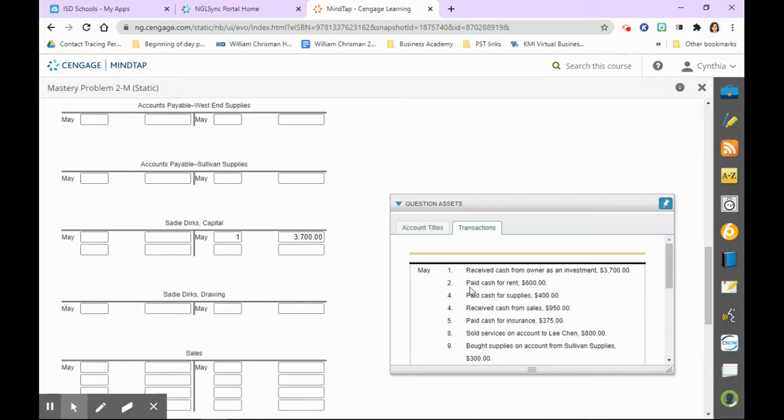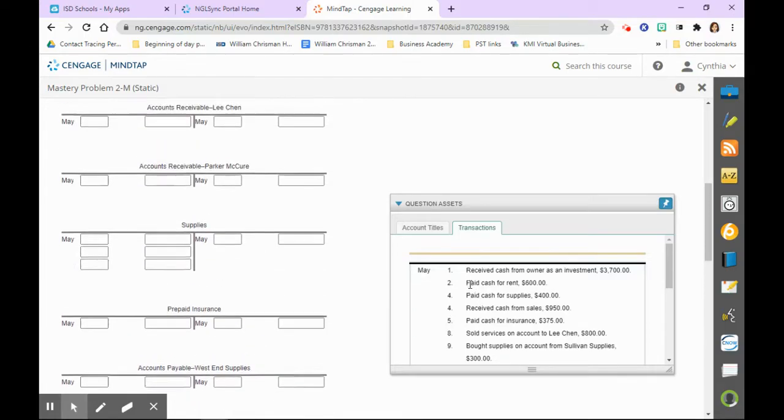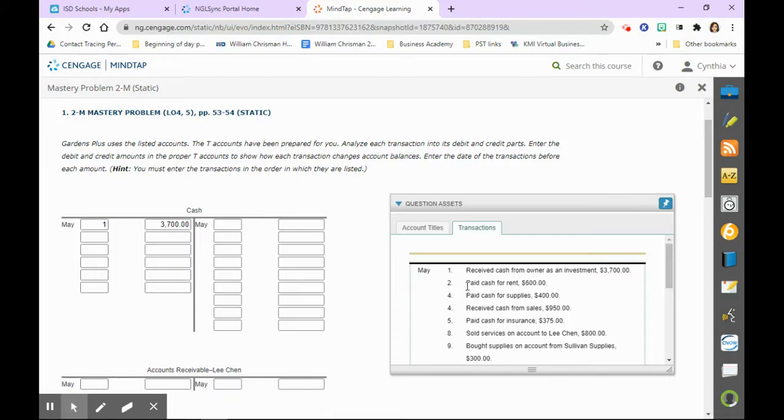On May 2nd, we paid cash for rent. So we know cash is going to be affected again, but this time we're paying cash. Cash is an asset, so cash decreases on the credit side, which is the right side. So I'm going to go to the credit side and put my $2,600 in there. We know we have to have a debit for that, and we're paying cash for rent.